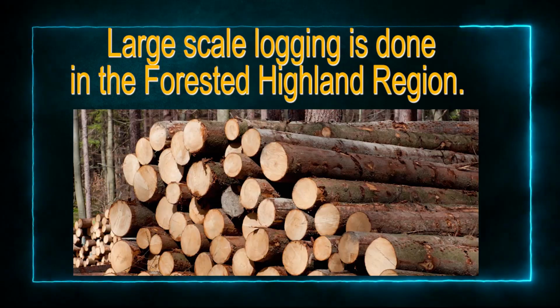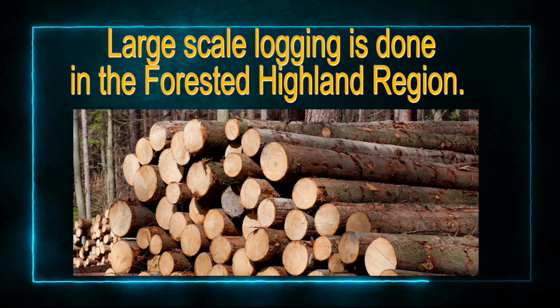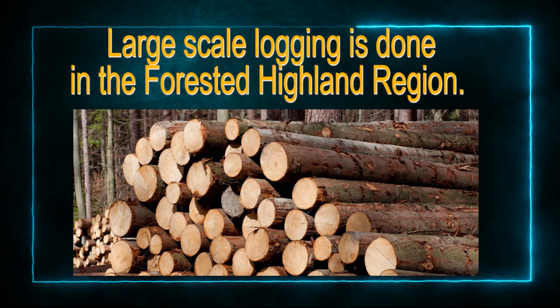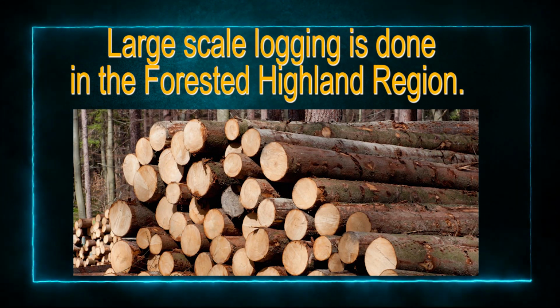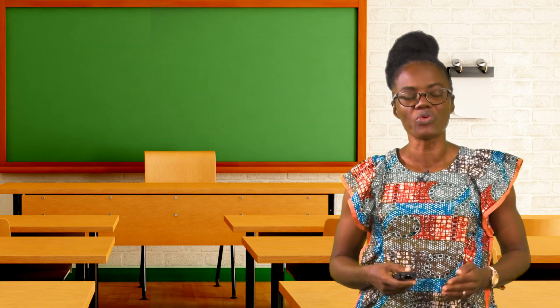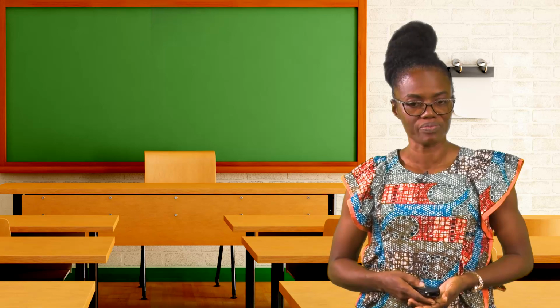So, the activities that are influenced by this type of weather is that logging is done in this region on a large scale. Not only logging, but they also have vast fields of minerals. But of course, we're examining those activities that relate to weather.